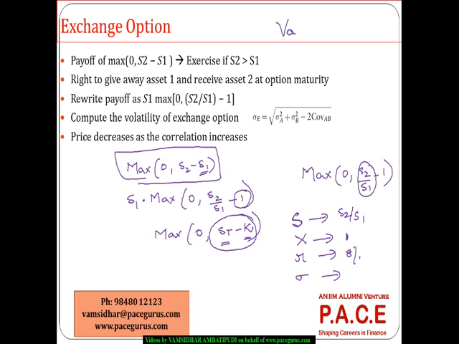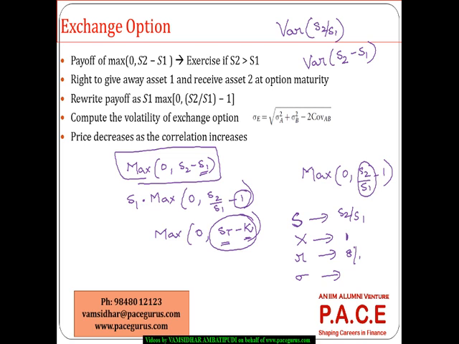Right? So if you look at the variance of S2 by S1 or the standard deviation of S2 by S1, it is same as the variance of S2 minus S1.